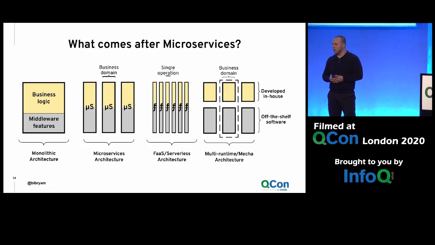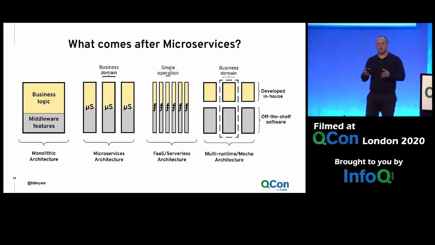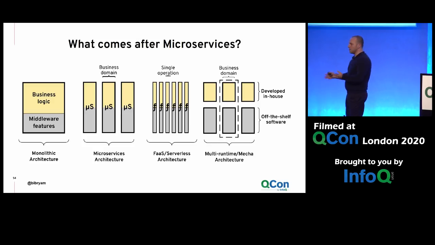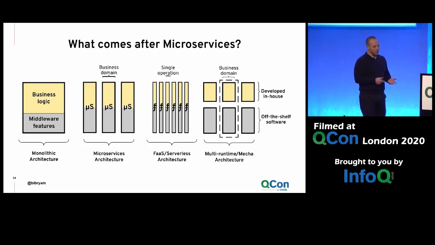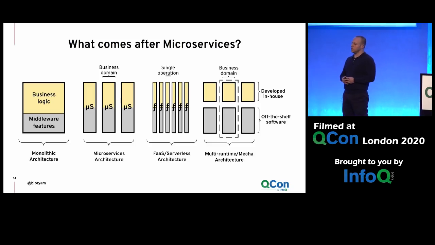Maybe that's a more suitable model because it has better properties. You get all the benefits of microservices, so you still have all your domain, all the bounded context in one place, and you have all the infrastructure and distributed application needs we talked about in a separate container, and you combine them at runtime. Probably the closest thing that's getting to that right now is Dapr. I would say they're following that model. And if you're only interested in the networking aspect, probably using Envoy is also getting close to this model.